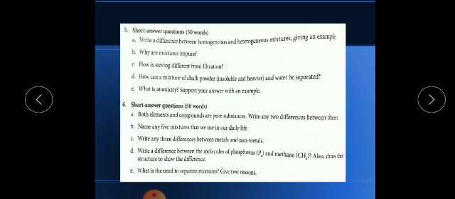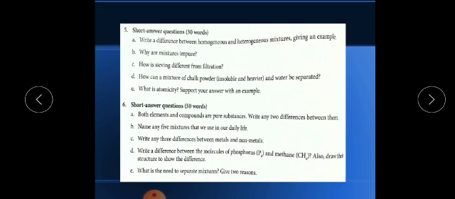Now metals have luster, they are sonorous, and they are good conductors of heat and electricity. They are malleable, they are ductile, they have a high boiling point and melting point. On the other hand, non-metals do not have any luster, they are non-sonorous, non-malleable, non-ductile, they are poor conductors of heat and electricity, and they have very low melting and boiling points.